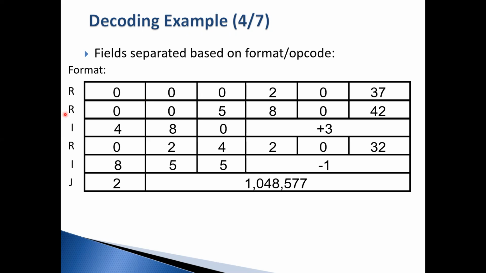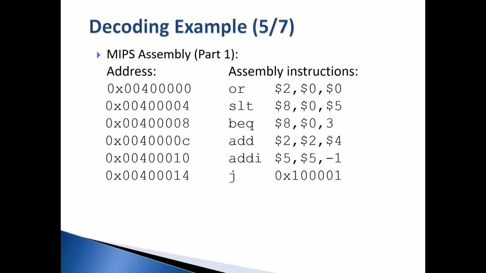Once we perform the conversion, we have instructions like this. You have the R format corresponding to the address, I format, R format, I format, and J format. Look at this one.